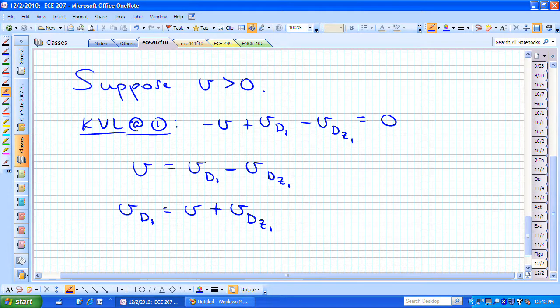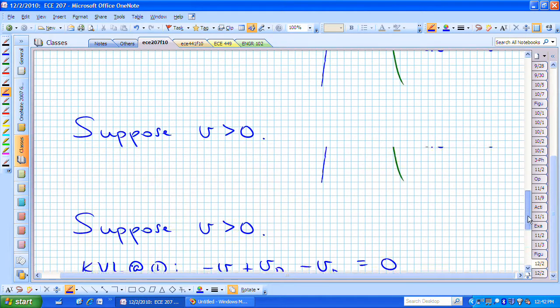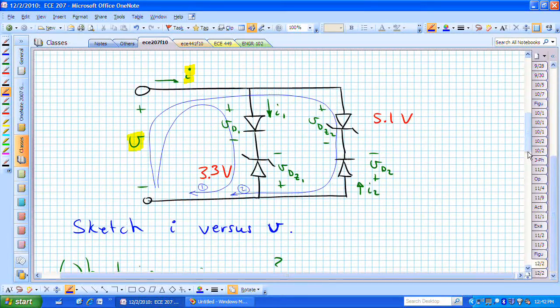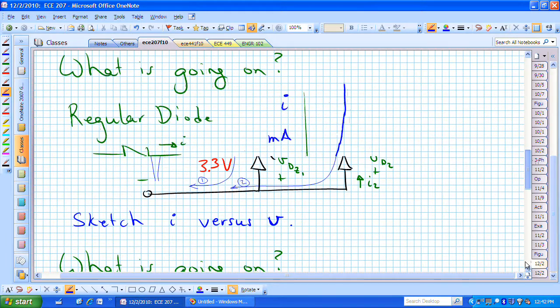If I now push everything on the other side, I now have V sub D sub 1 is equal to V plus V sub D sub Z sub 1. In order for the first diode in the middle branch to be forward biased, we need V sub D sub 1 to be bigger than 0.6, and the only way that's going to happen is for V to be positive.